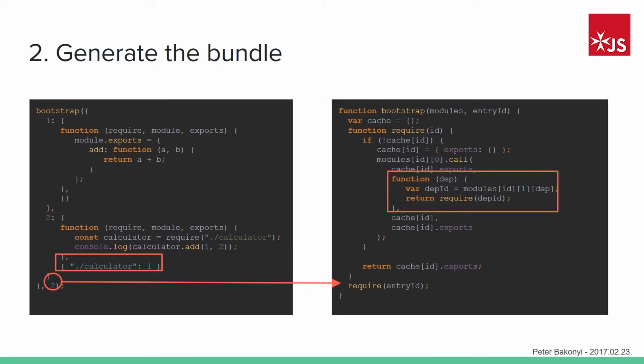And here what it does, it just wraps the original require function, so that when here we require /calculator, we don't have a /calculator in our list of modules, so it will map it to this ID, 1, so that it will run that function.